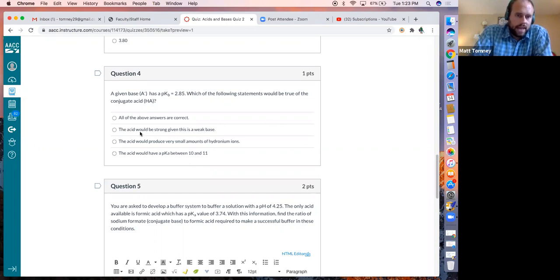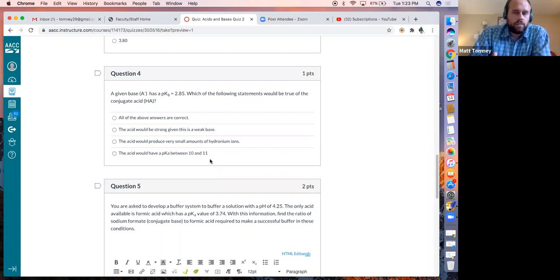Saying the acid would be strong given this base is weak is the complete antithesis of what's going on here. It's a total opposite. This is a much stronger base than it is a conjugate acid. So that's out. The correct answer is the acid would produce very small amounts of hydronium ions.